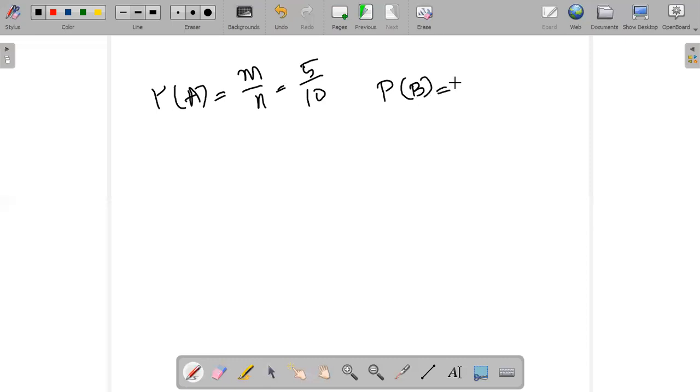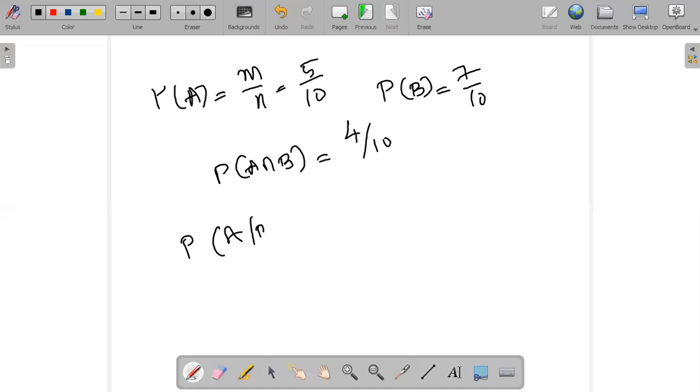How many elements were there? 7 by 10. And P of A intersection B? 4 by 10. Yes, 4 by 10. So we got P of A given B is 4 by 10 divided by 7 by 10.